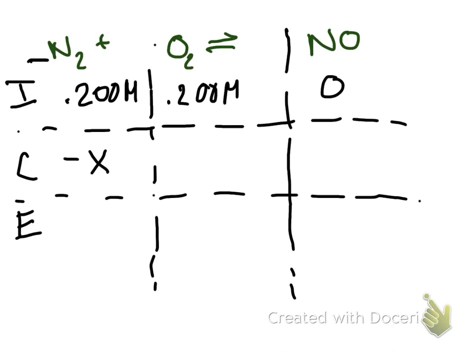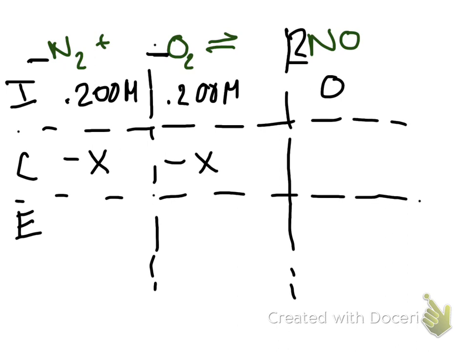Now notice there is a 1-to-1 ratio between nitrogen and oxygen. So if 1 mole of nitrogen reacts, it would have to react with 1 mole of oxygen. So if X moles of nitrogen react, it reacts with X moles of oxygen, so oxygen would also change by losing X moles.